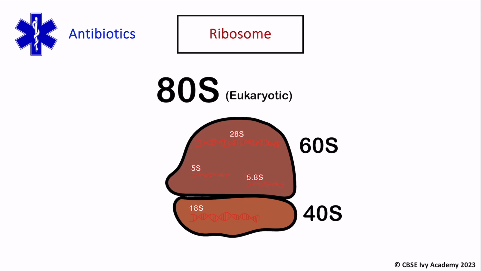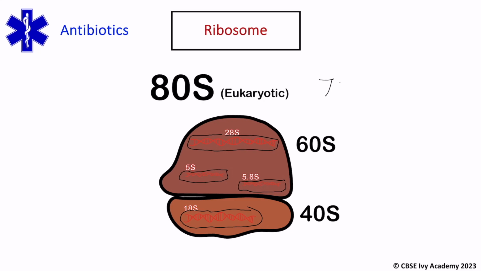The small subunit has, in addition to the multiple protein subunits, a single rRNA molecule, while the larger subunit has 3 rRNA molecules. In eukaryotes, the ribosomes are denoted 80S ribosomes, while in prokaryotes, it is 70S.